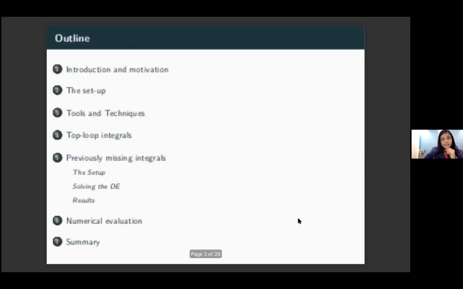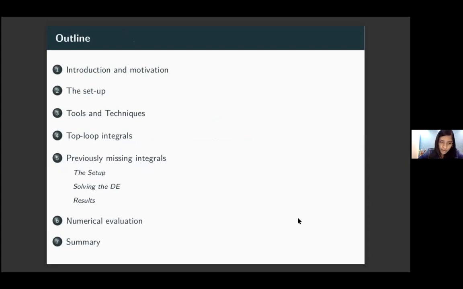So with this pre-introduction, the outline for my talk today will be: first, I will give a bit more motivation and introduce my setup. I will talk about the tools and techniques we use in such computations. Then I will talk about what these two-loop integrals are that I'm actually evaluating.